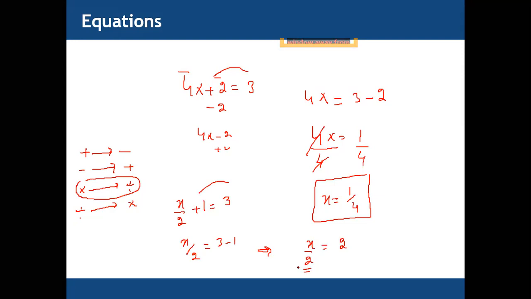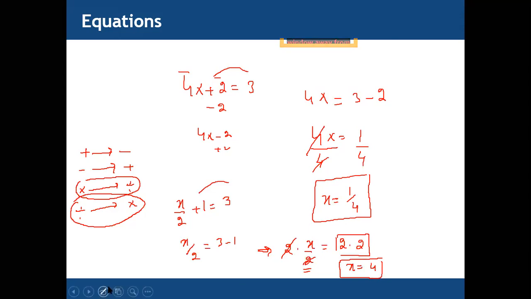How can we cancel this one? This is in division form, and you know that division can be cancelled with multiplication. So if you multiply both sides by 2, this 2 cancels with 2, and x is equal to 2 times 2, equal to 4.